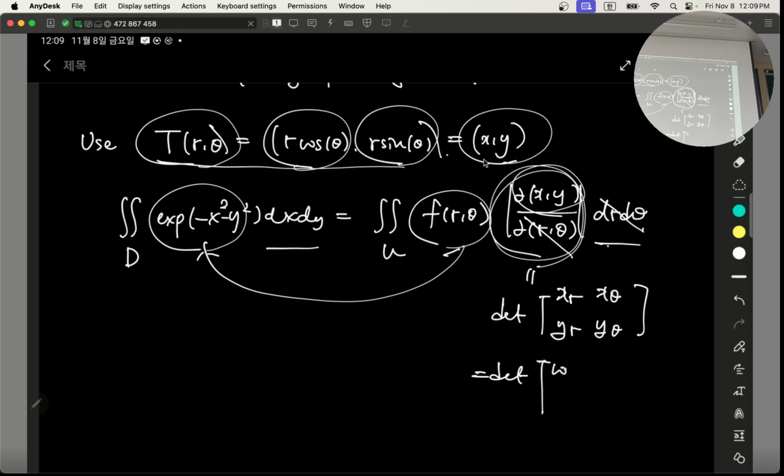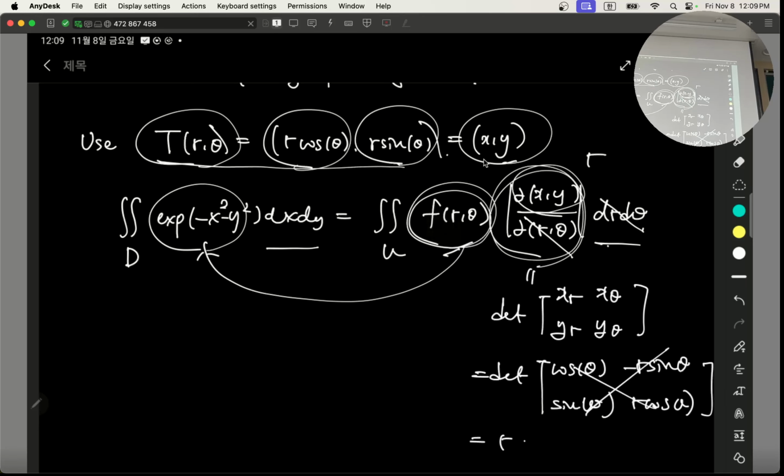So this is cosine theta, minus r sine theta, and sine theta, r cosine theta. When you take the determinant by multiplying cross, you get r. So r is positive in the polar coordinate, so you don't need to take the absolute value. So you get r in here.